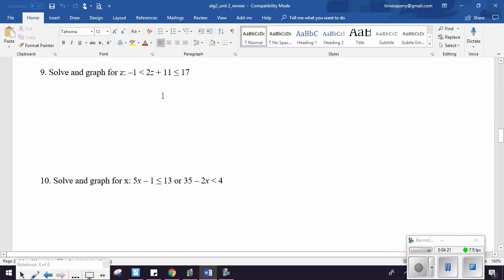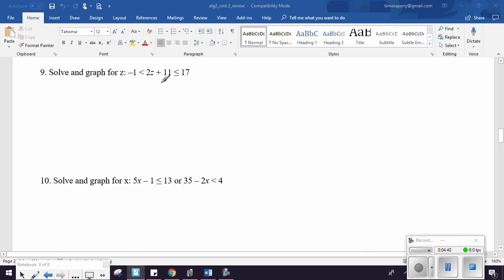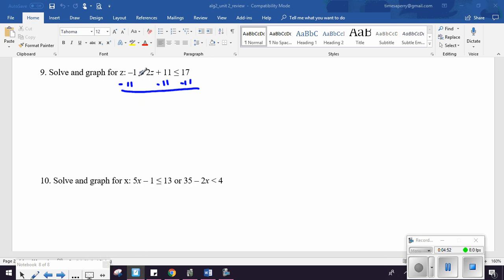Number 9 is a compound inequality where we have 3 sections, and the goal when you have it set up in 3 sections is to get the variable by itself in the middle. So the first thing I would do here is move 11 from the middle by subtracting 11 from all sides. So -1 minus 11 is -12.